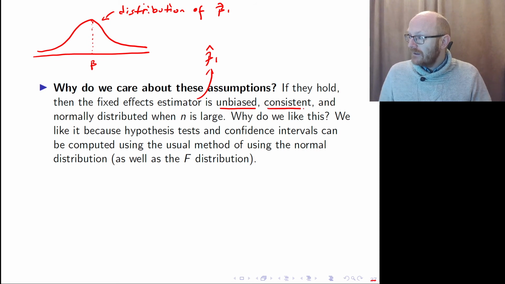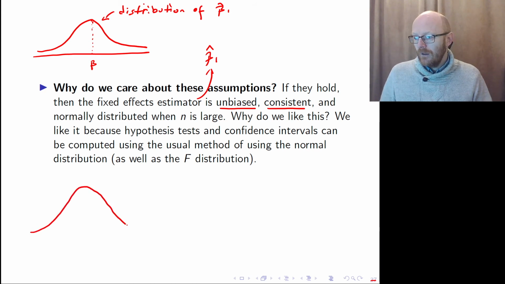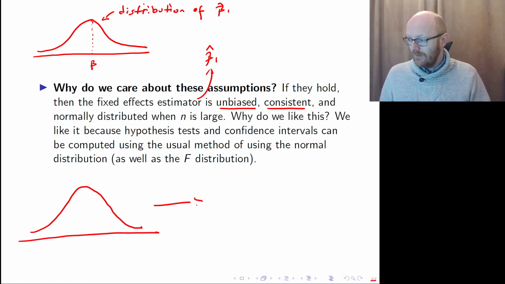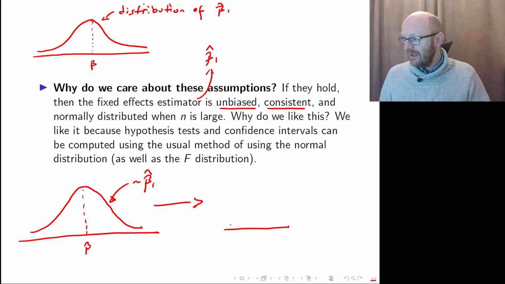Our estimator is also consistent. This means that if we get more data, then we get a better estimate. This is the beta hat distribution, then we get a much narrower one, okay, this is not very well drawn, but you get the point.